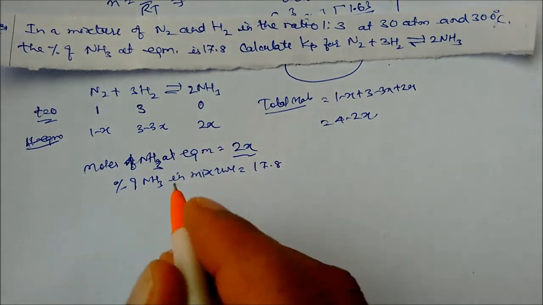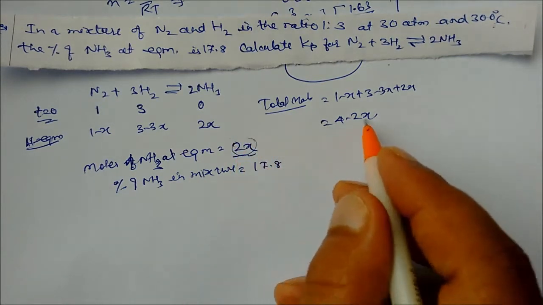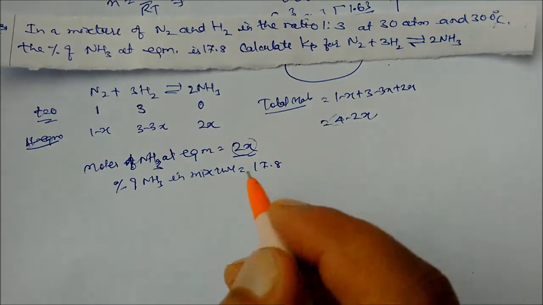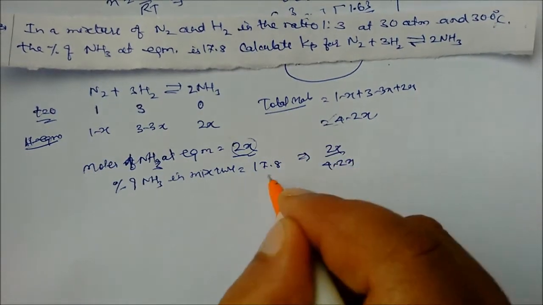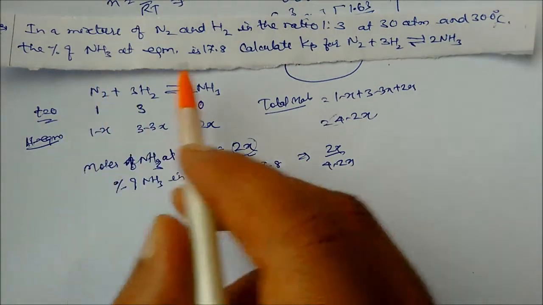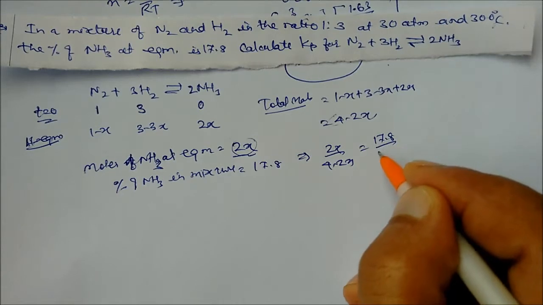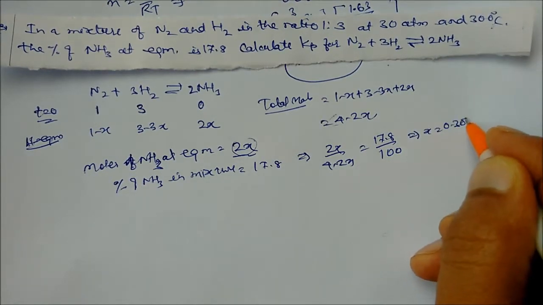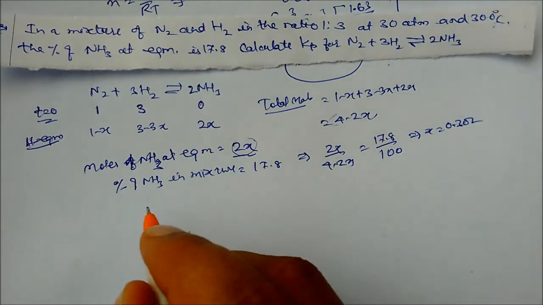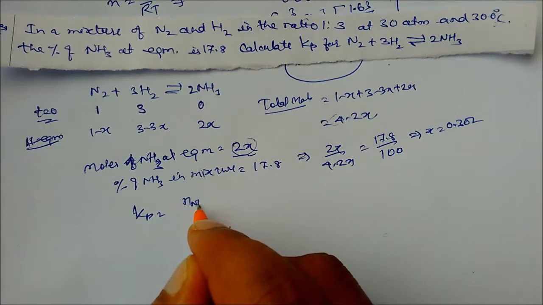Using this 2x, the moles, and this total moles, it becomes the percentage. So we can use 2x divided by 4 minus 2x, and as per the question the percent is 17.8, so 17.8 divided by 100. So here we'll get x is equal to 0.302.